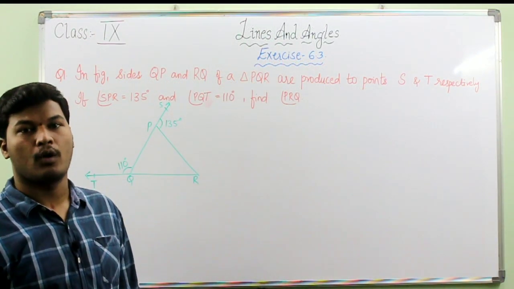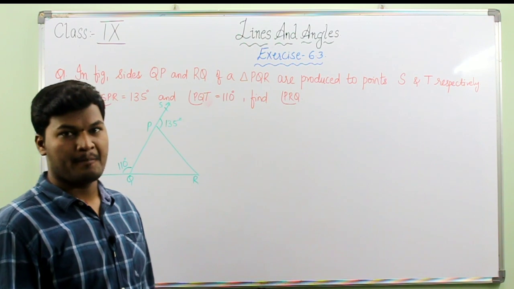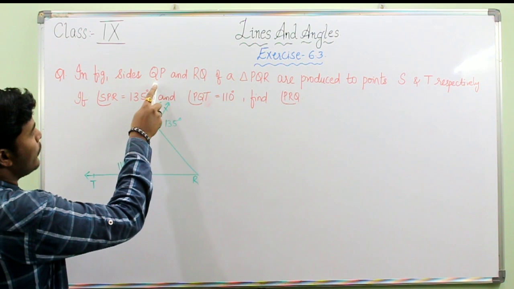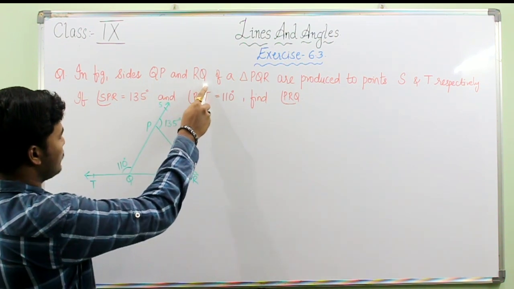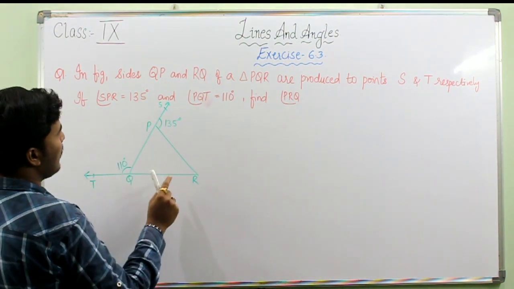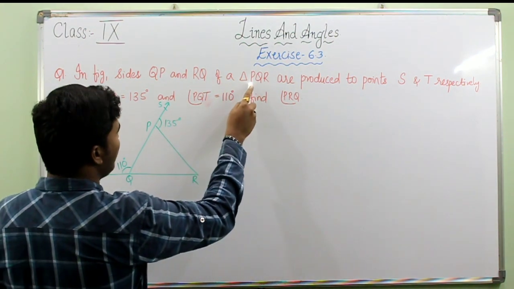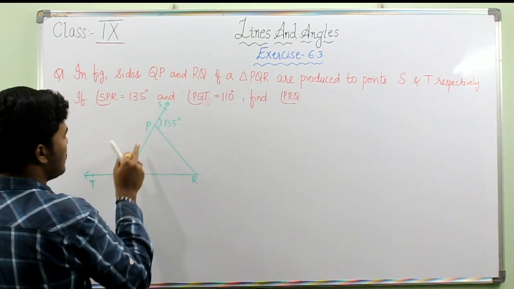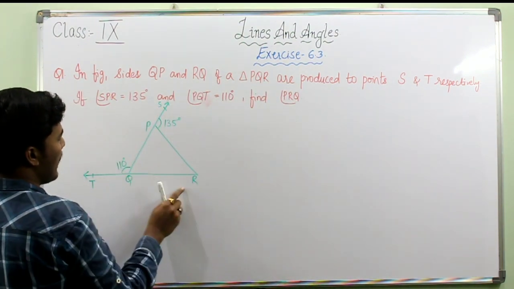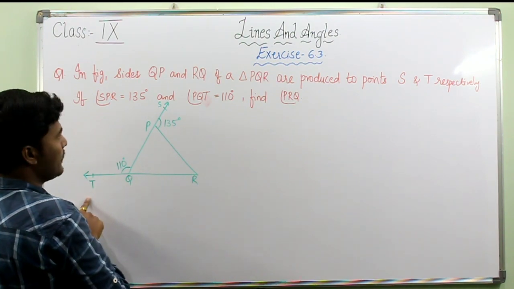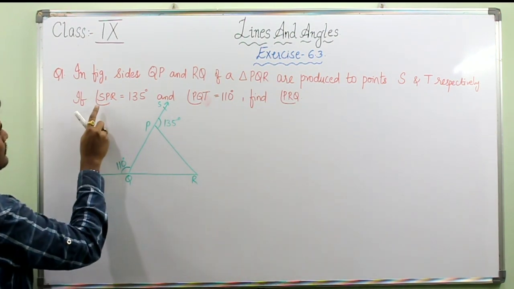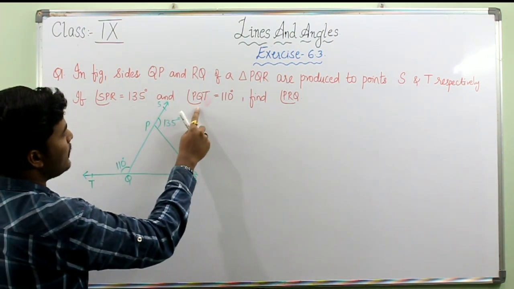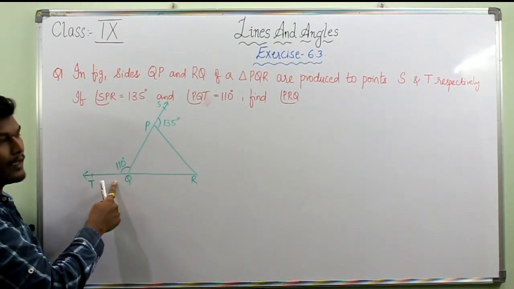Now let us solve problems of exercise 6.3. Okay, the first problem is, in the figure, sides QP and RQ of a triangle PQR are produced to the points S and T. So QP is produced to the point S and QR is produced to the point T, and also angle SPR is 135 degrees and angle PQT is 110 degrees.